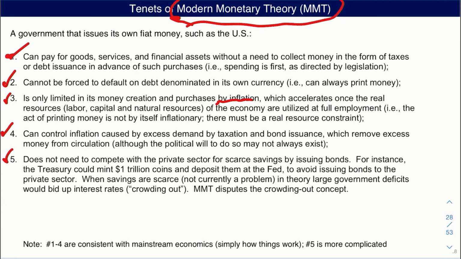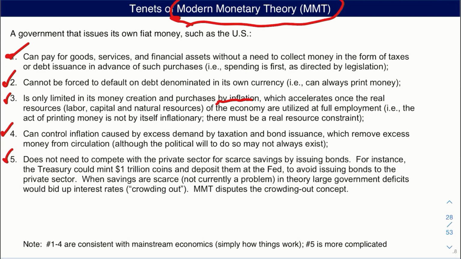If the government's doing that and the private sector wants to do that too, then you get a problem called crowding out, where interest rates are driven up. MMT people dispute that entire mechanism and say that you're not going to have crowding out if the government is printing tons of money and the system is chock full of electronically printed money. You won't have scarcity.